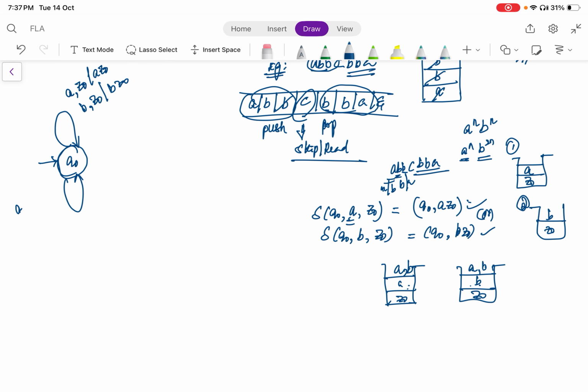If the input is A and the stack contains A, you will have AA. If the input is A and the stack contains B, then it's AB. If the input is B and the stack already has A, then BA. If the input is B and the stack already has B, then it's BB. These are all the possible combinations before the center marker.